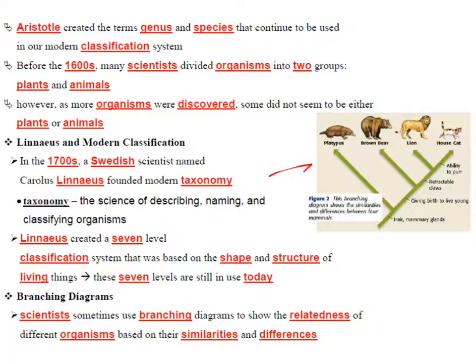Over here on the right we see a branching diagram with 4 organisms: a platypus, a brown bear, a lion, and a house cat. The first thing we see all of these have in common is that they all have hair and mammary glands, which means they have glands that produce milk so they can feed milk to their young.